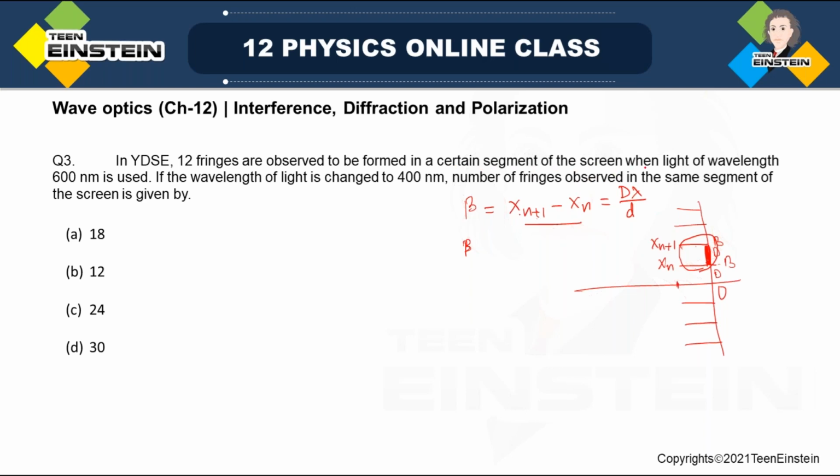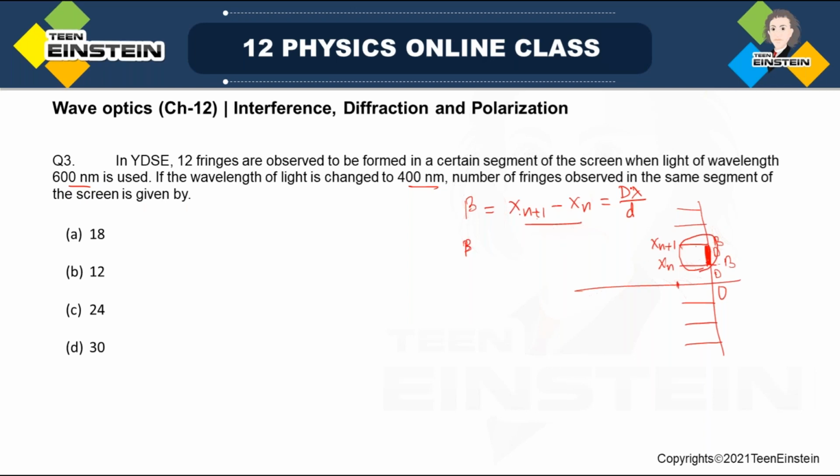In a segment of the screen when light of wavelength 600 nanometer is used. If the wavelength of the light is changed to 400 nanometer, the number of fringes observed in the same segment of the screen is given by.